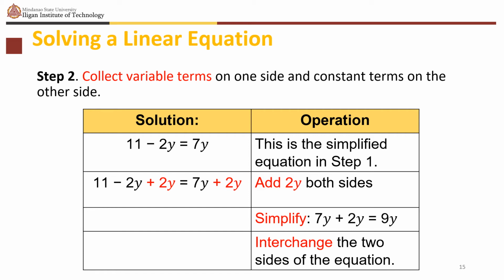But minus 2y plus 2y will give us 0 here. And 7y plus 2y will give us 9y. So we now have 11 equals 9y. Then interchange the two sides of the equation and come up with 9y equals 11.